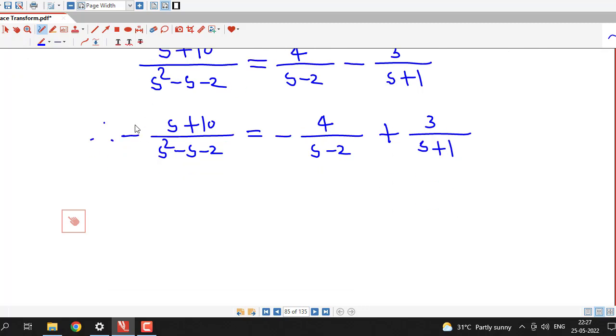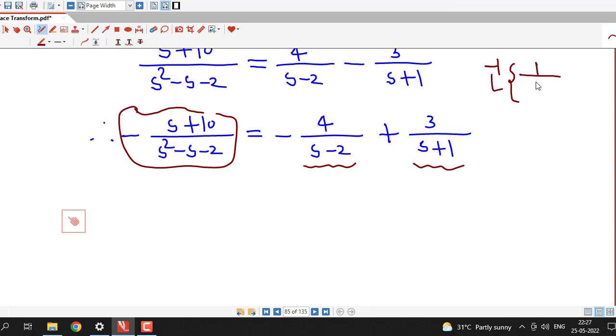So now you can see our function on the left hand side is converted in terms of those functions whose inverse Laplace transform formula is known to us. We know that L inverse of 1 divided by s minus a is e raised to at.